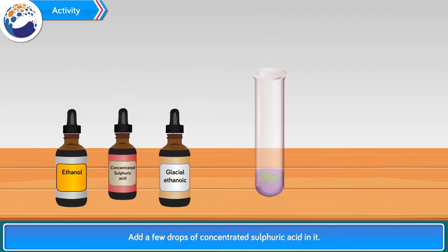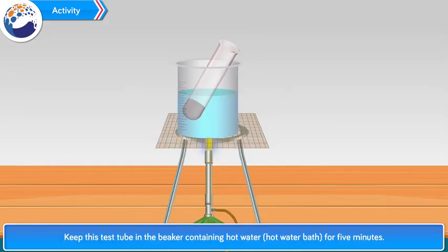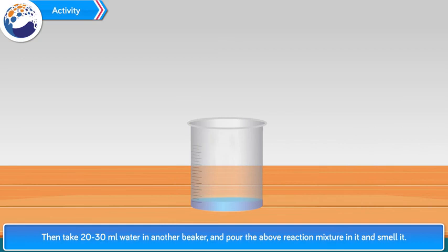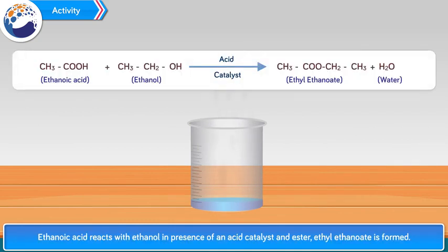Add a few drops of concentrated sulfuric acid in it. Keep this test tube in the beaker containing hot water, a hot water bath, for 5 minutes. Then take 20 to 30 ml water in another beaker, pour the above reaction mixture in it and smell it. Ethanoic acid reacts with ethanol in the presence of an acid catalyst, and an ester, ethyl ethanoate, is formed.